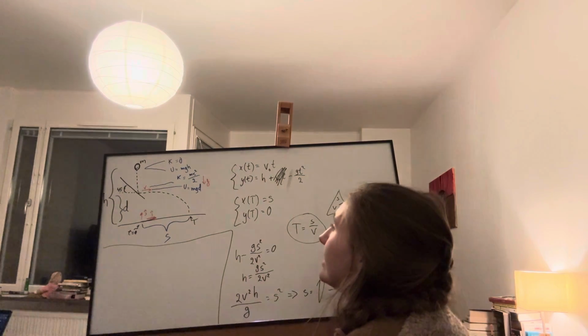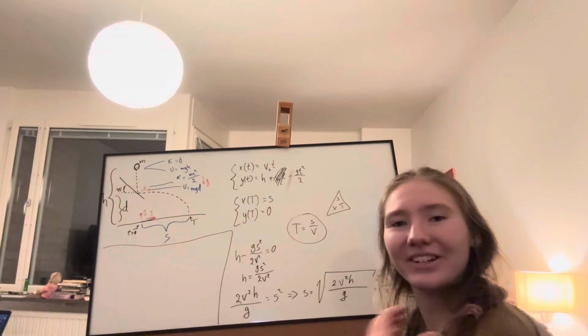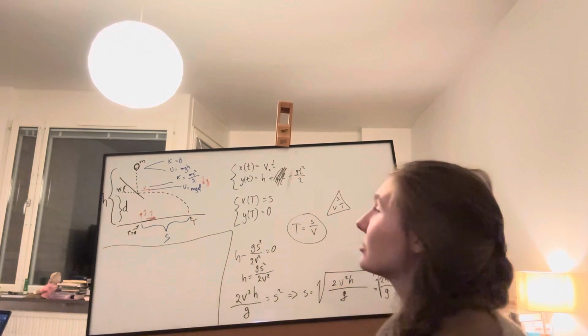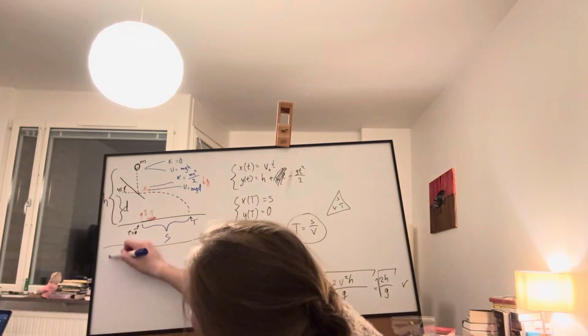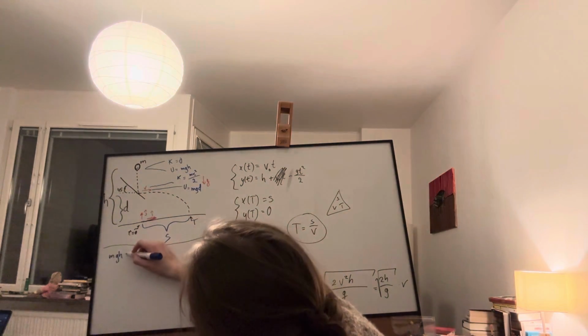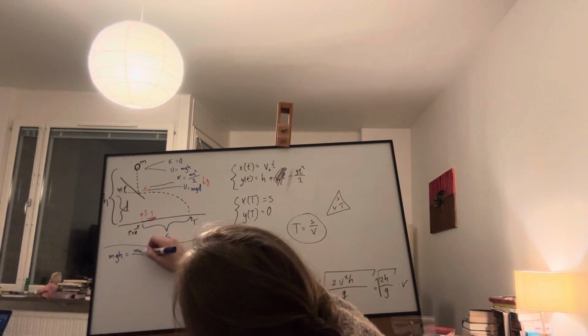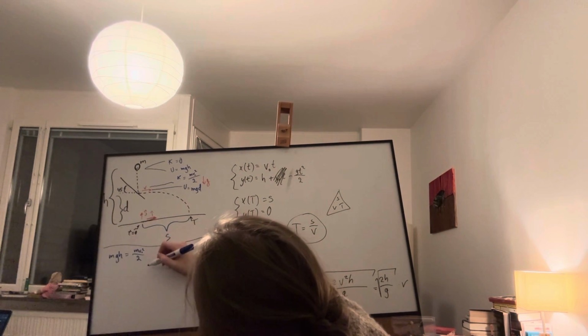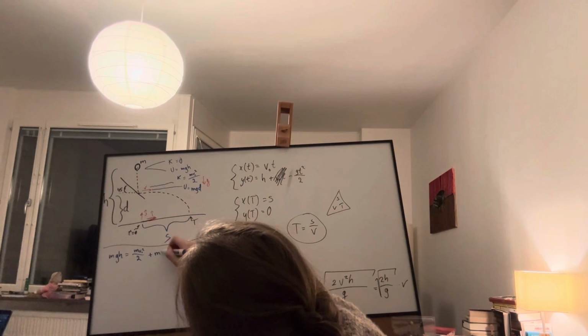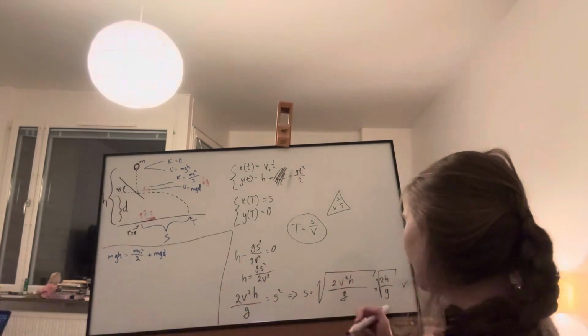Now, this is a closed system. As we know, energy is not created or destroyed, so it must mean that mgh is equal to mv0 squared over 2 plus mgd.